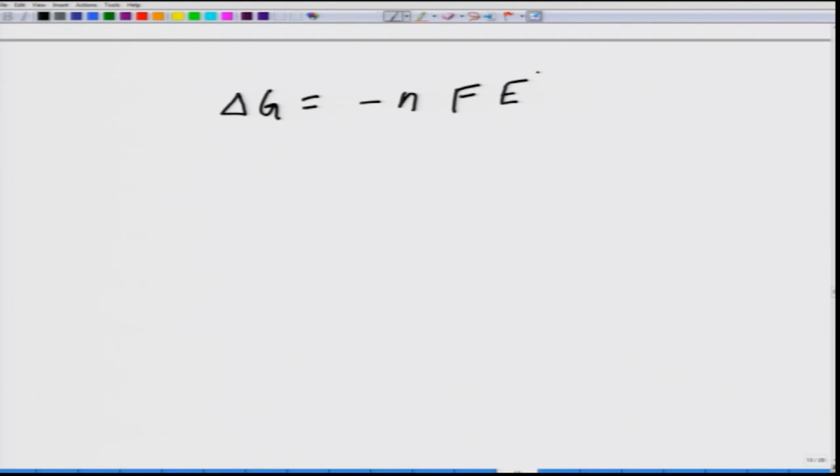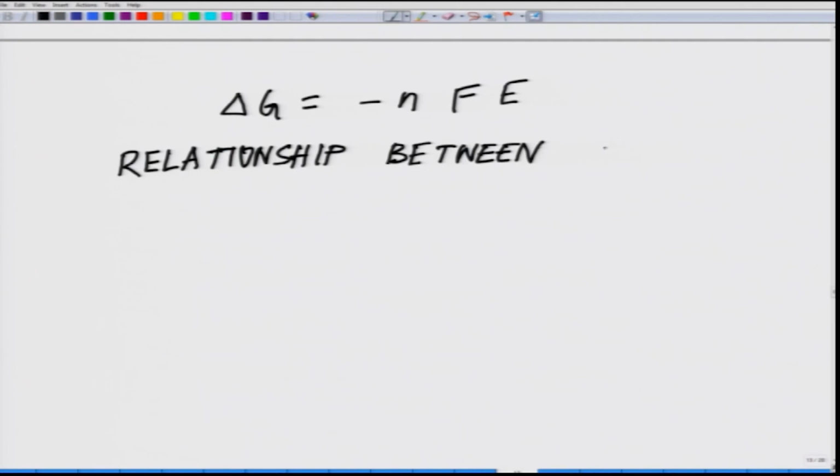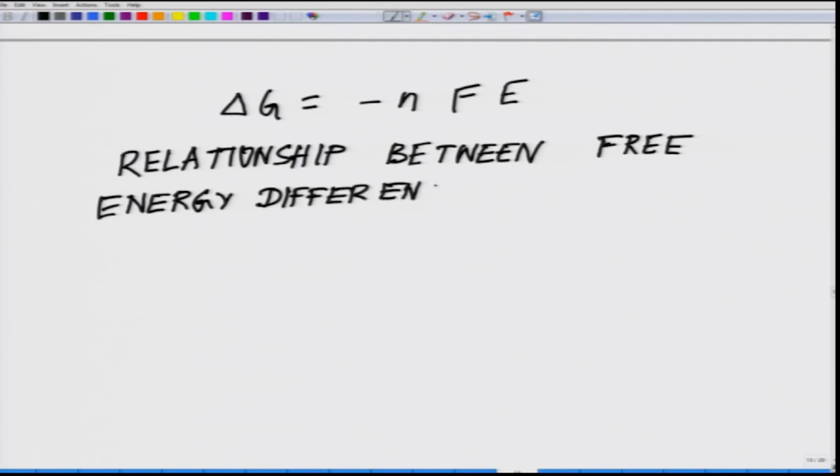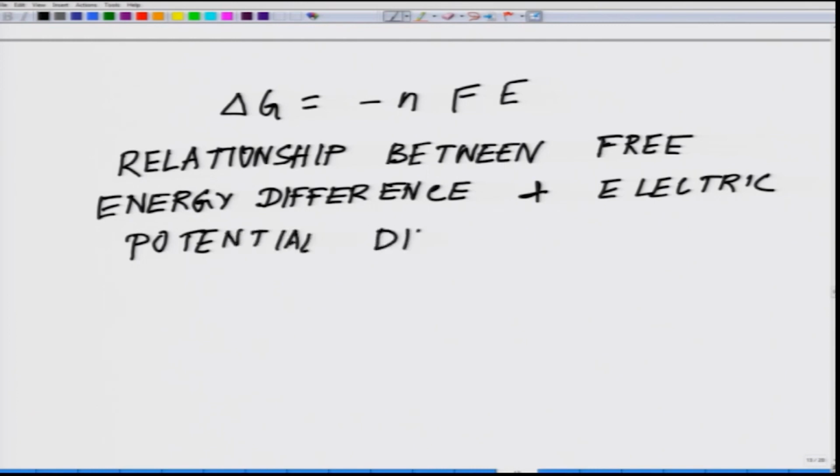Now, if you look at this relation, this is the relationship between free energy difference and electric potential difference.